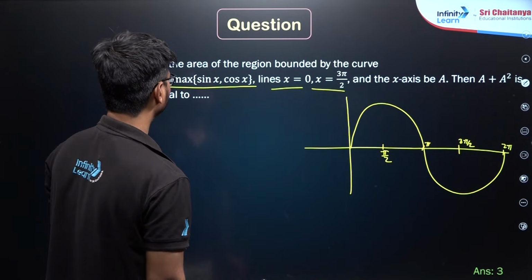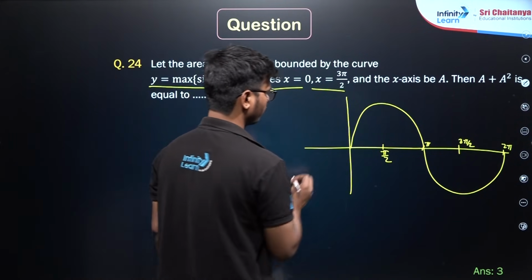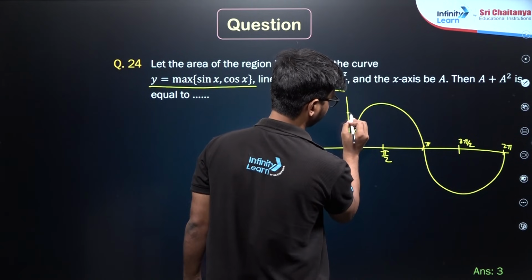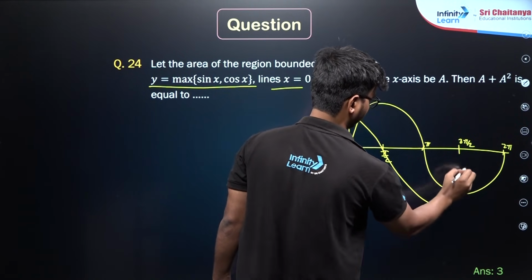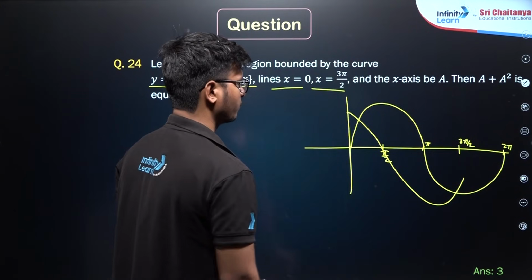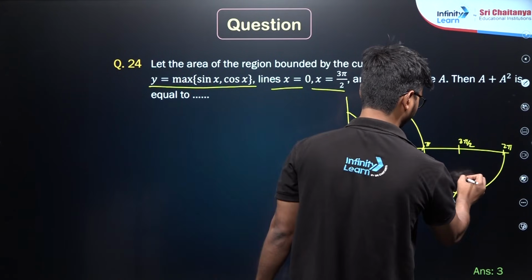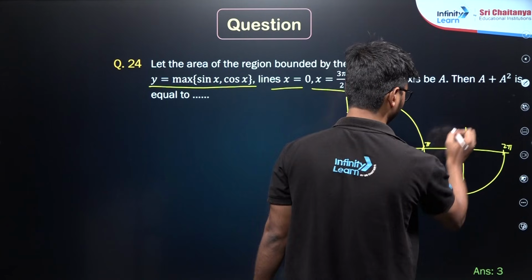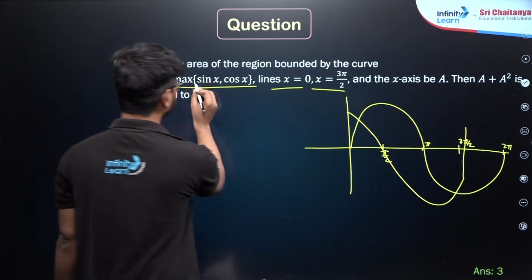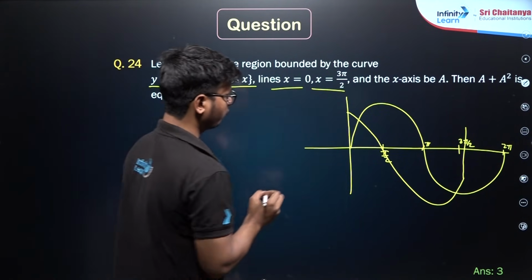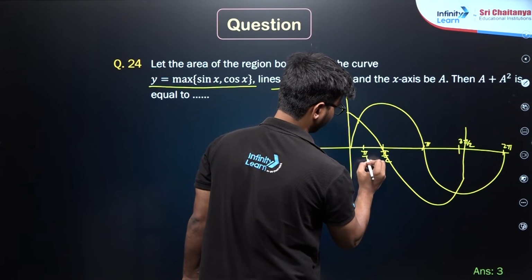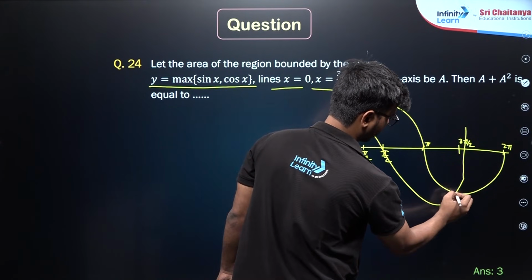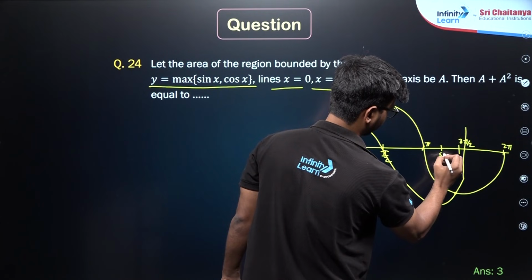And the cos x will go like this, okay? Now if you observe, we want the maximum of sin x comma cos x, so this point of intersection is nothing but pi by 4, okay, and this point will be 5 pi by 4.